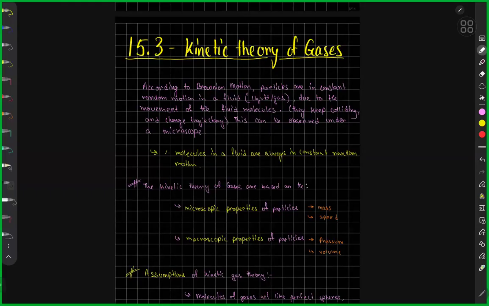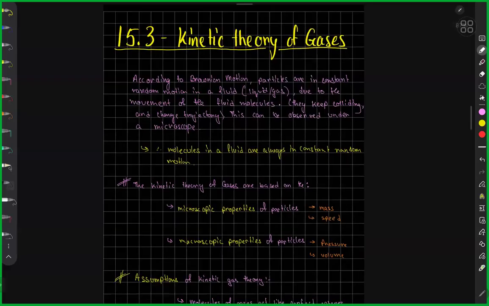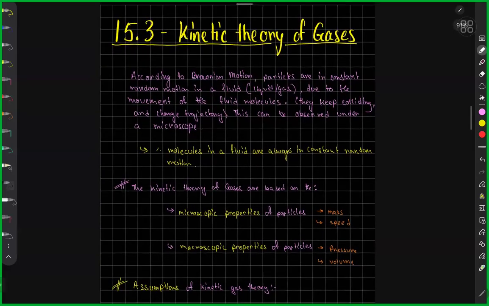Now look, the kinetic gas theory is basically a theory which describes the motion of gases, how gases behave, and when we work with ideal gases, what are the assumptions we consider. Those are the things we are going to discuss in theory.